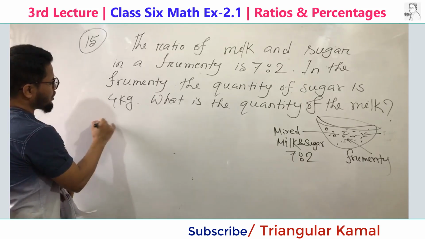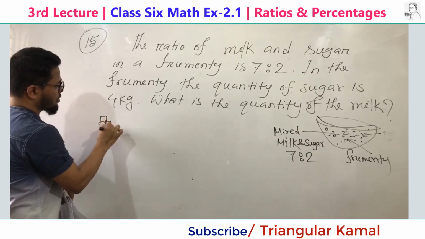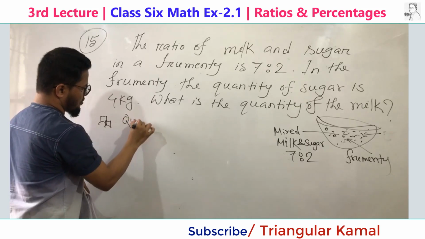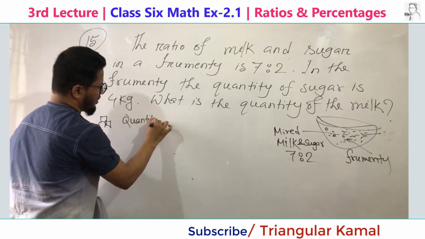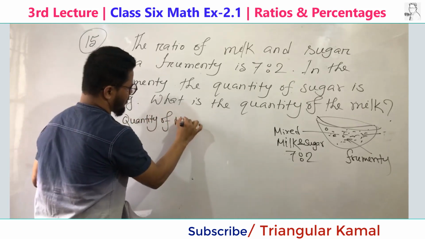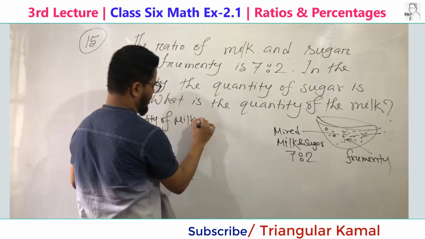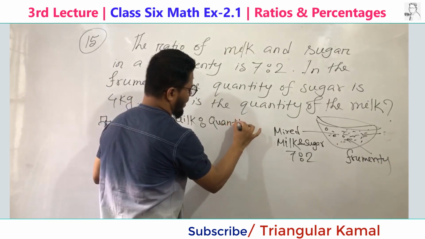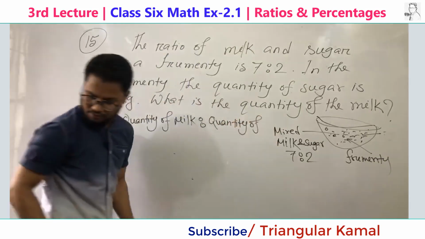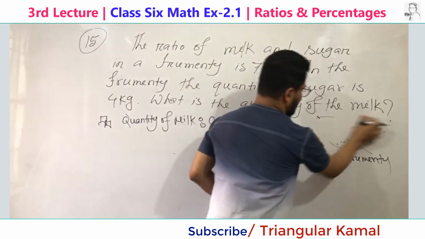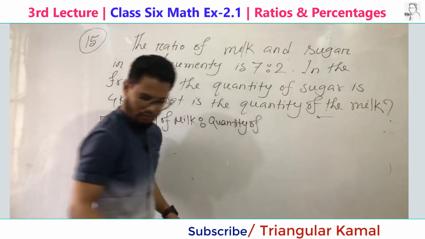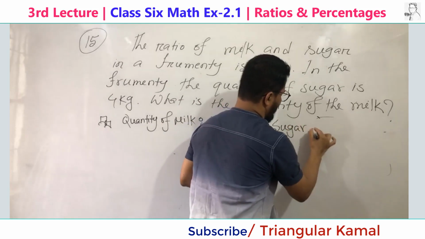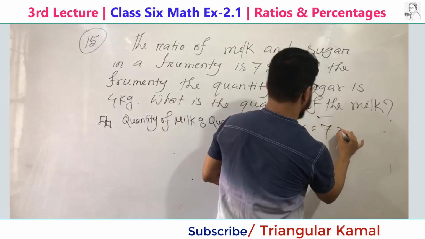The quantity of milk, ratio, and the quantity of sugar, ratio 2.